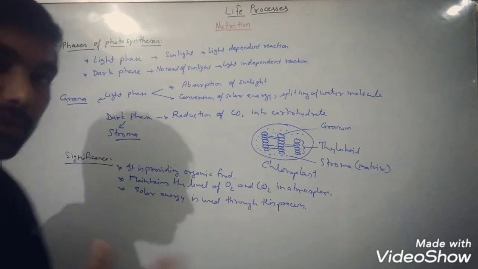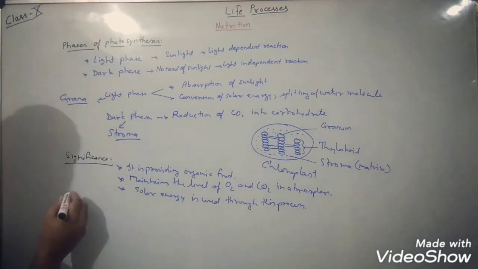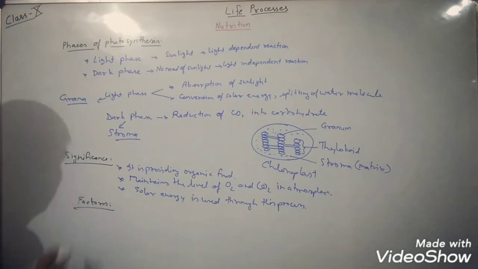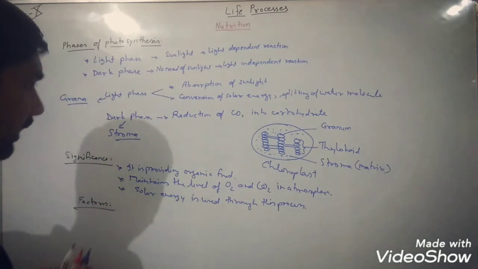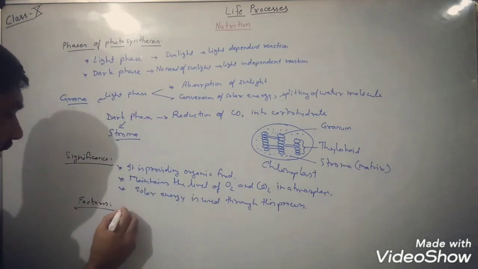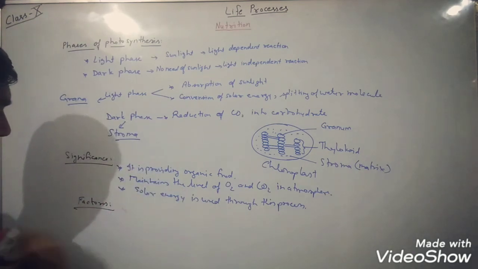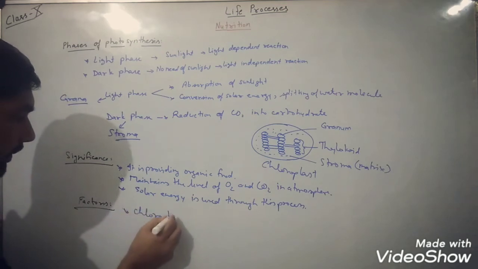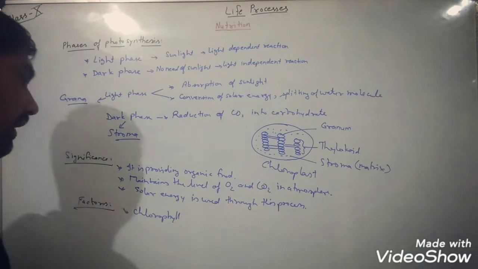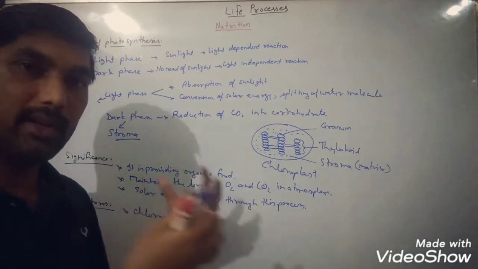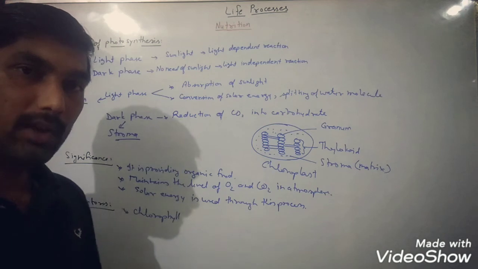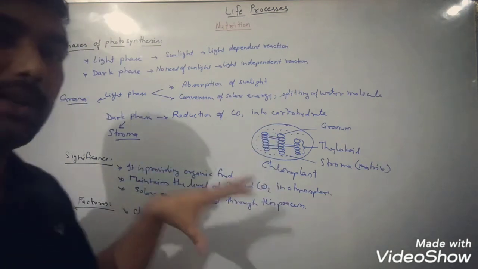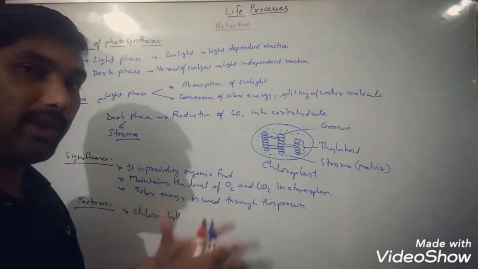And what are the factors that can influence this process? The factors which affect photosynthesis are, definitely, the requirements of photosynthesis. First, the amount of chlorophyll in leaves. If chlorophyll is present in enormous number, the rate of photosynthesis will be high, and if chlorophyll is less in number, the rate of photosynthesis will decrease.